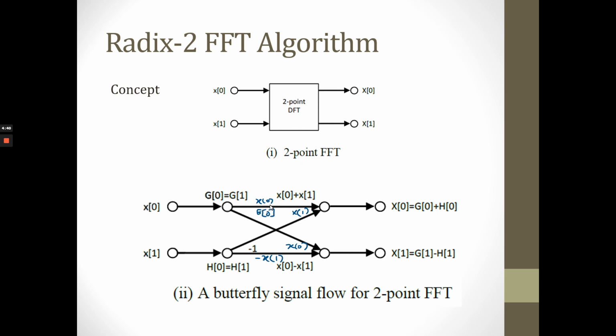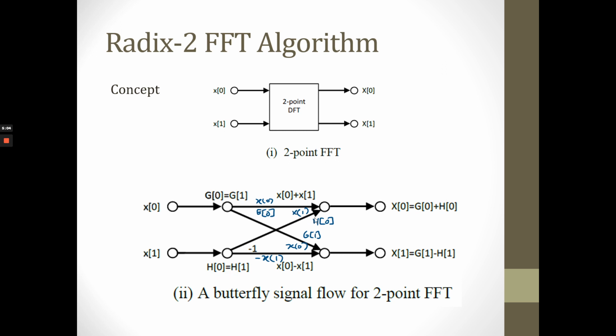X0 is actually equal to g0, and also X1 is actually equal to g1. Since we are calculating this one for k equal to 1, we should use g1, and when we are calculating for k equal to 0, we should use g0. While for this one, X1 is equal to the answer for h0 and h1.